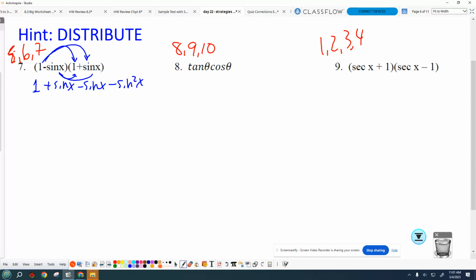Sin x and negative sin x cancel, and 1 minus sin x squared. The final answer? Nope. So we got cosine squared x.